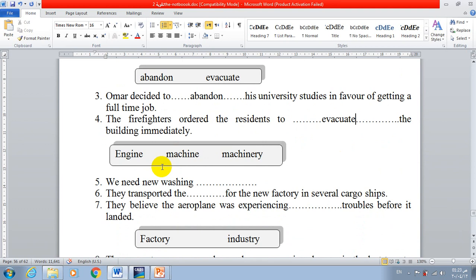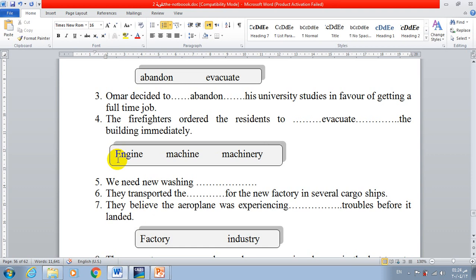There is another box with 3 words: engine, machine, machinery. What do these words mean? At first, let's read the sentences, then I will give you the meaning for them. Number 5, we need new washing spaces. And number 6, they transported the spaces for the new factory in several cargo ships. 7, they believe the airplane was experiencing spaces troubles before it landed.